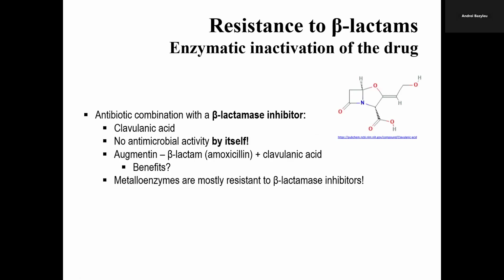So what is the strategy for us, the scientists, to fight off these enzymes? I don't know if I mentioned this in the last lecture, but this interaction between us and bacteria in terms of antibiotics production and application is commonly referred to in literature as an arms race.